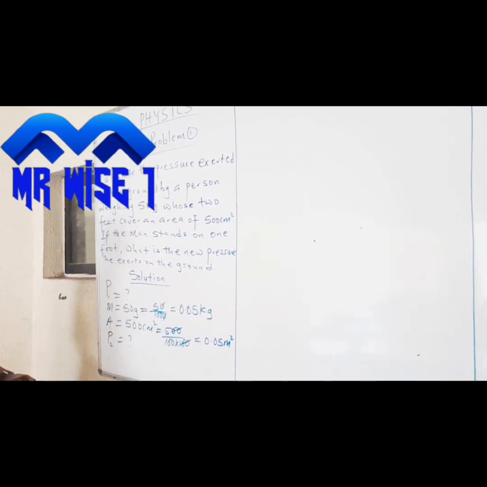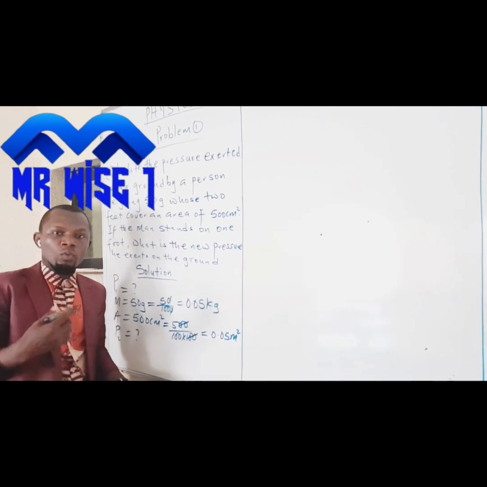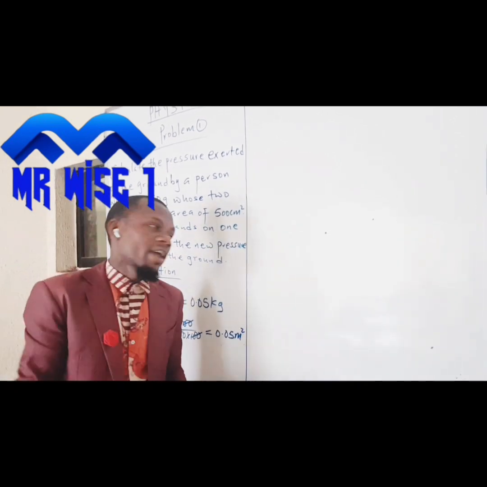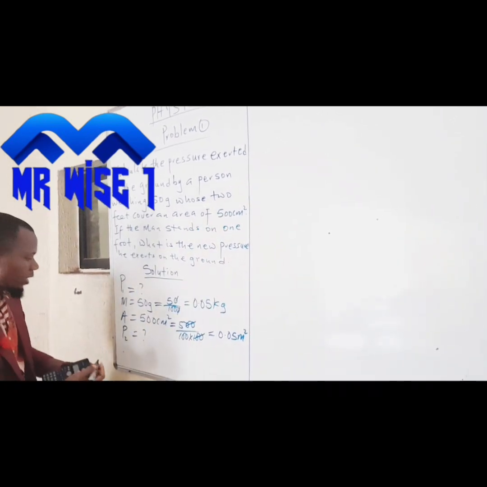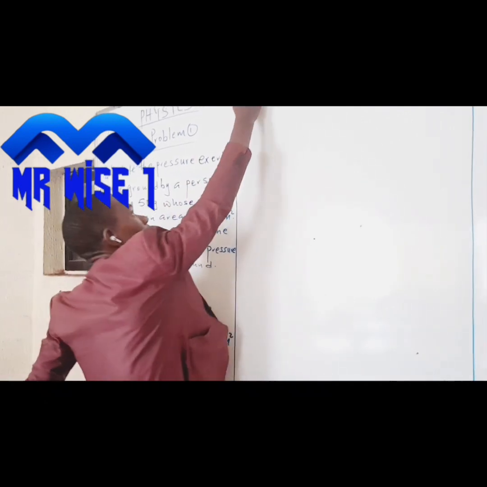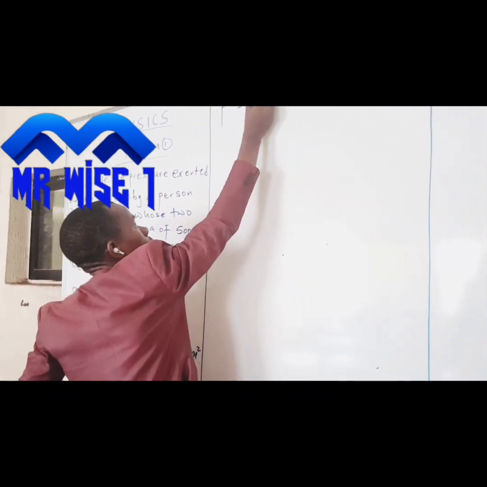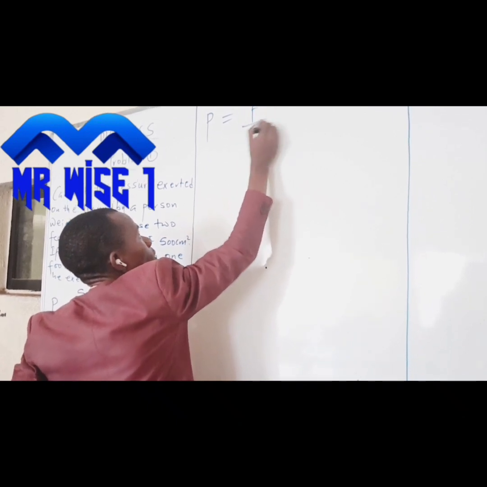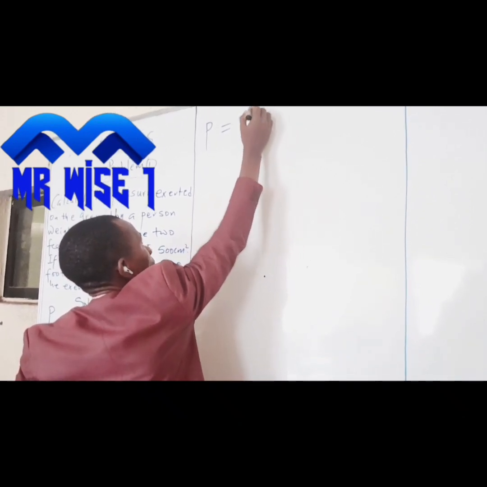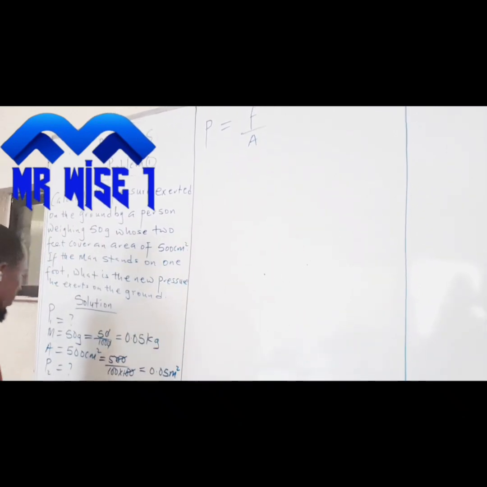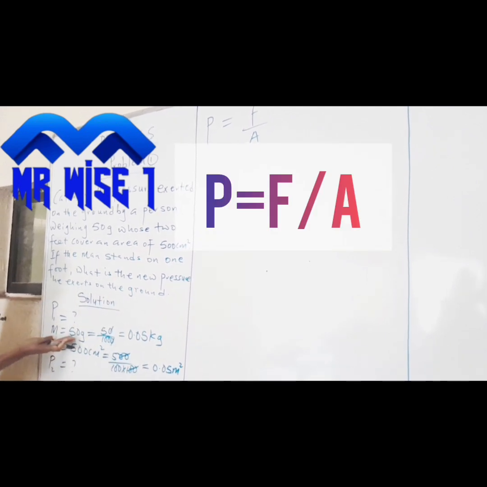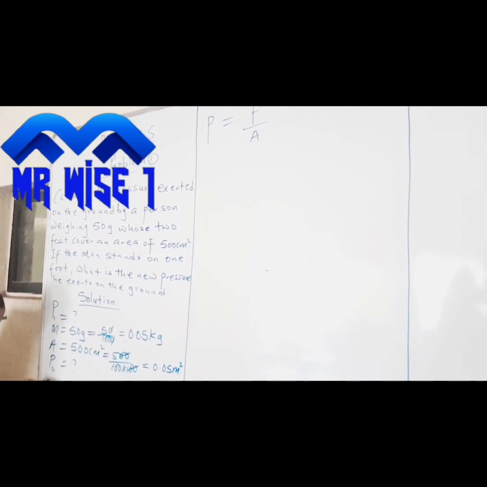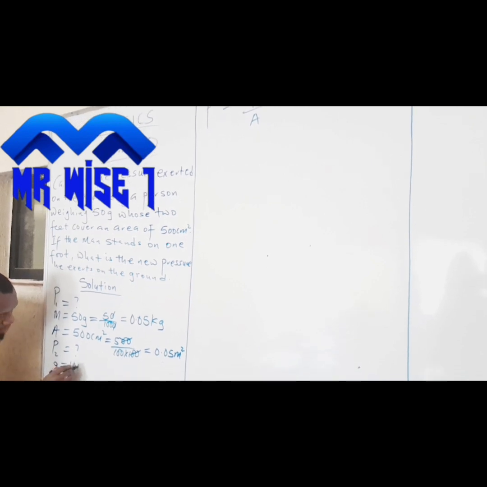The next thing I'm going to do is think about my formula for pressure. My pressure, P, is equal to my force over my area. This force is also unknown, and that's the reason why my mass is given. So my gravity needs to be there: 10 meter per second square.